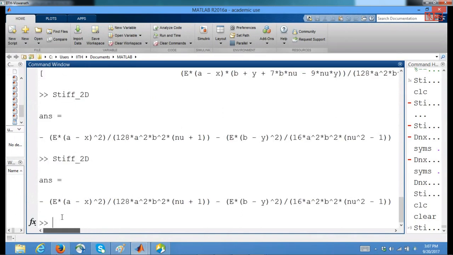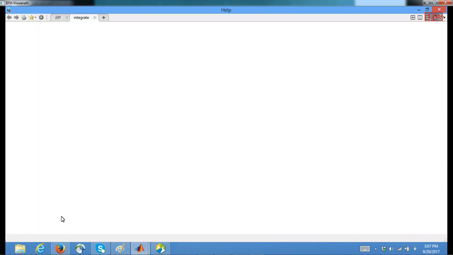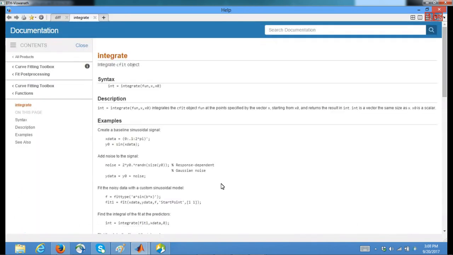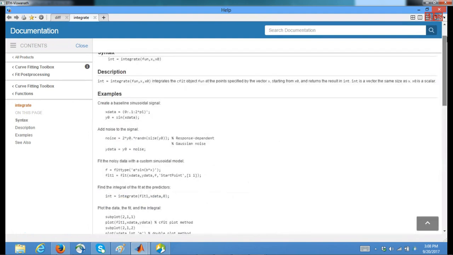Then what I will do is, we don't need this, we need a symbolic integrator.